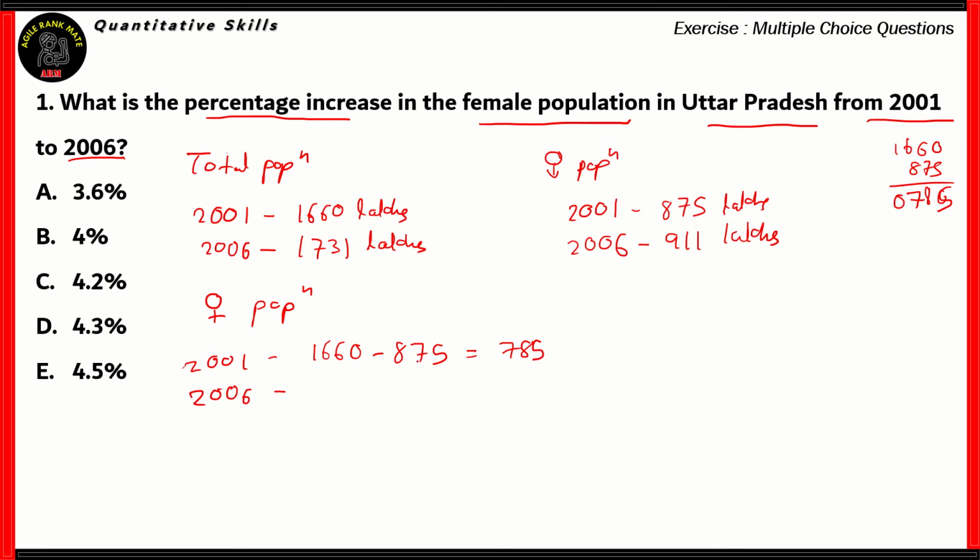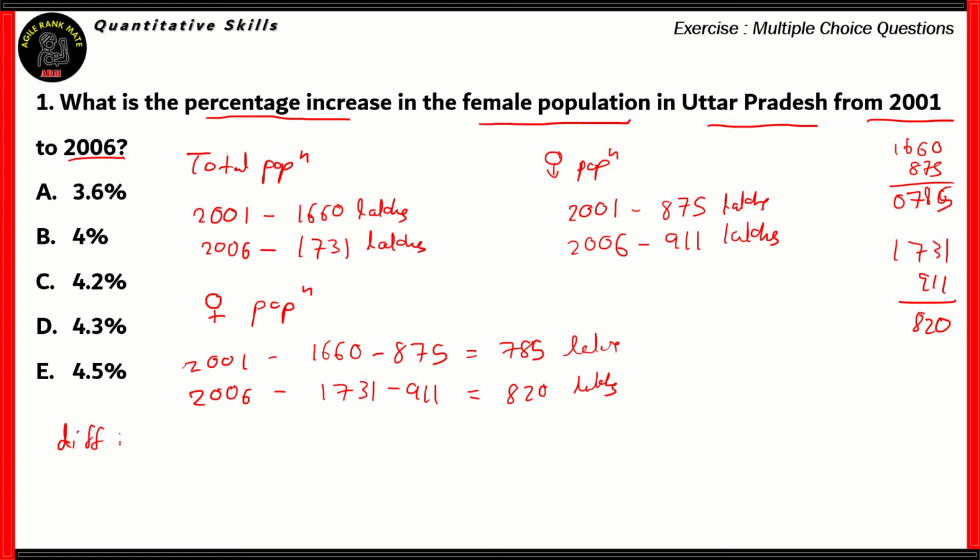Now in 2006, you had 911 lakhs of males, and the total population was 1731 lakhs. So when you do the operations again, what we get is 820. So now that we know the female population for 2006 and 2001, let's find their difference.